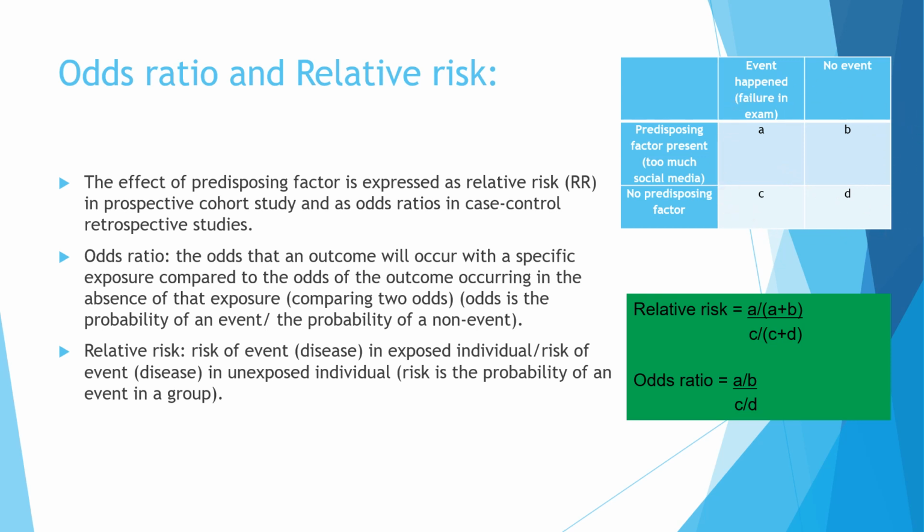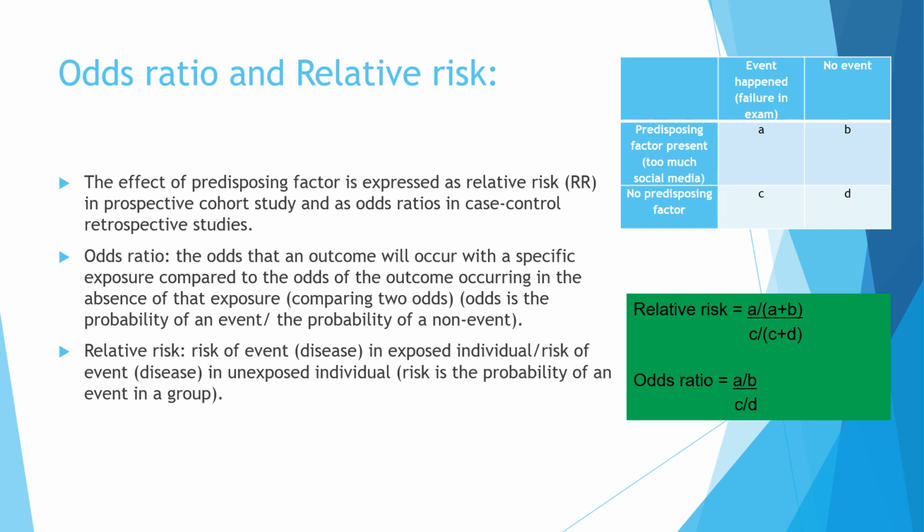So the odds ratio is, here, the students that failed the exam with too much social media, we said 4, and then here will be 6 that has no event, and then over the no risk factor, here only one student that has this, and 9. So the 9 will go up here, so it will be 4 times 9, that's 36, divided by 6, it will be 6. So the odds ratio for this calculation will be 6.